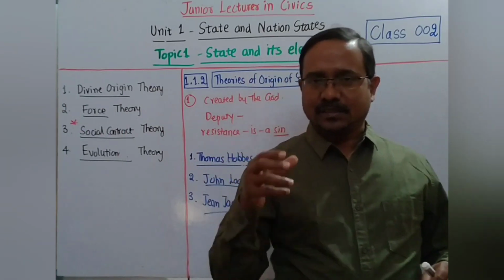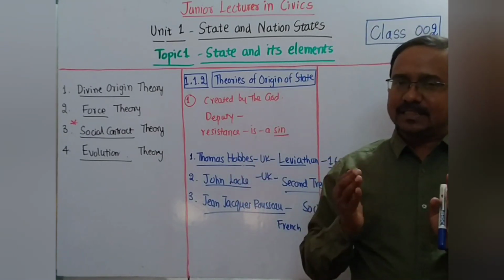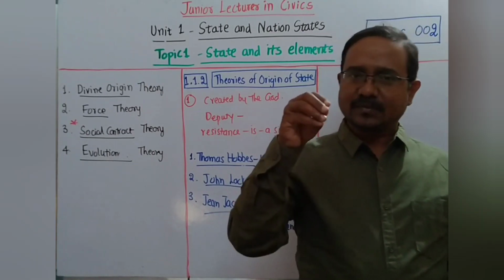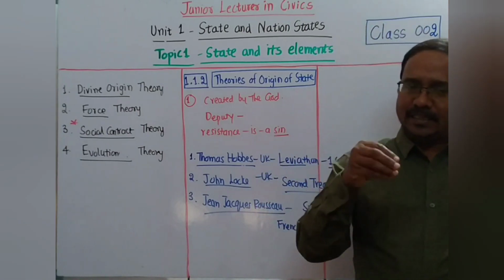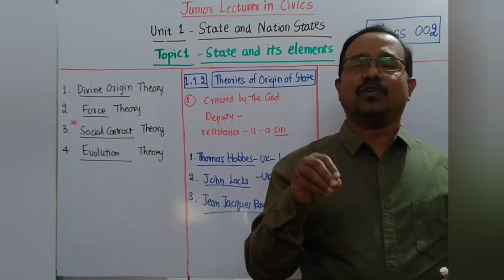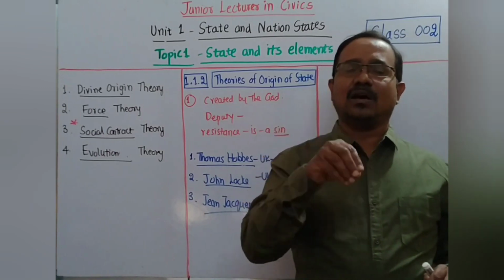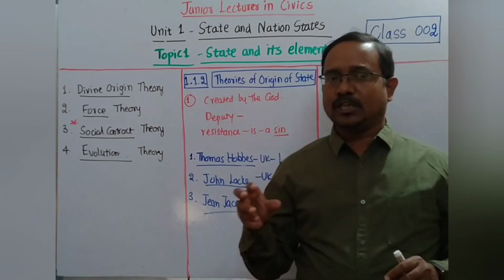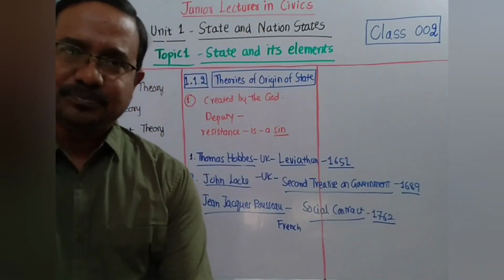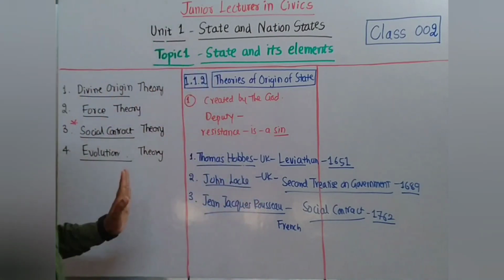That is guaranteed by the state, and in return the citizens have to follow the rules, regulations, orders, and all laws promulgated by the state to keep law and order in society. This is the social contract theory, which is most important for the examination.